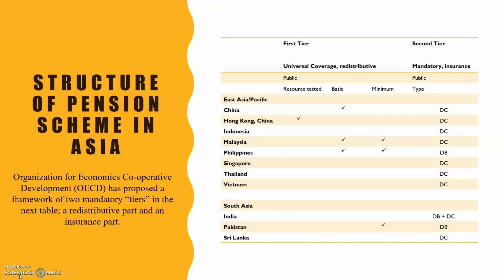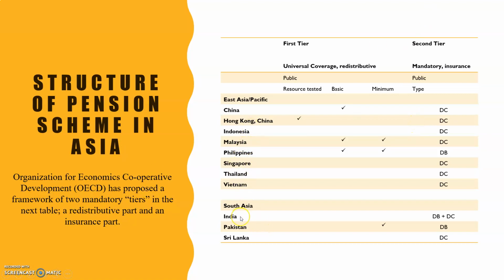The Organization for Economic Cooperation and Development, OECD, has proposed a framework of two mandatory tiers in the next table: a redistributive part and an insurance part, the first tier and the second tier.